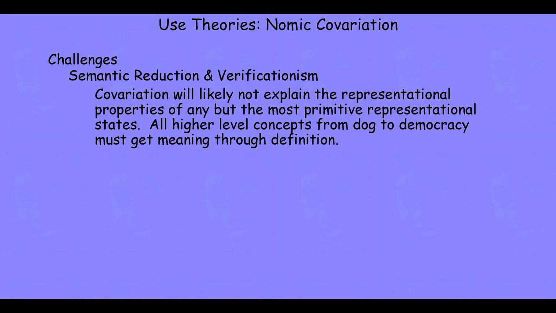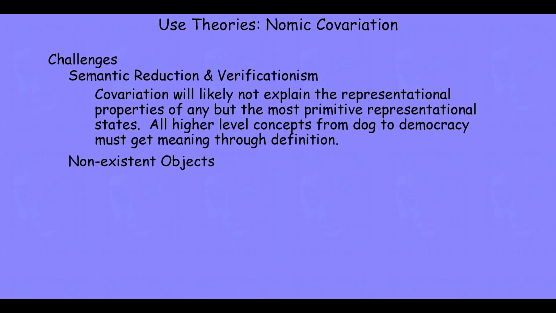On the other hand, they suppose that you can define other concepts like democracy or electron by using the more primitive representational states that gnomic covariation underwrites, so that you get this combination of supposing a higher level of gnomic covariation in the conceptual hierarchy, and then that will get taken over in effect by a kind of verificationist theory of meaning in which all other concepts get defined in terms of the gnomic covariation object language.